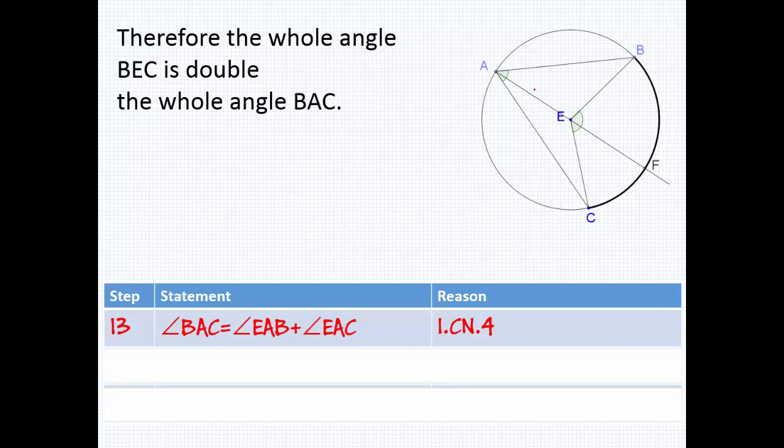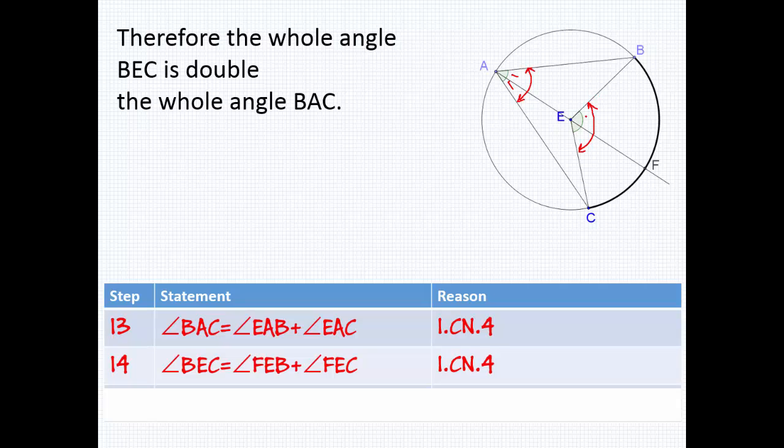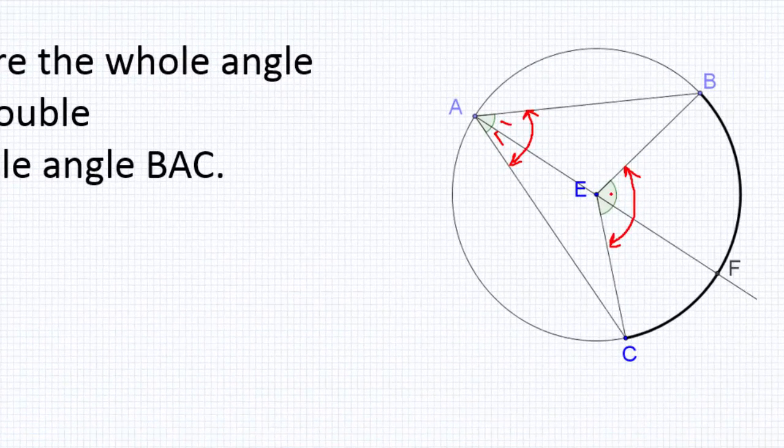So we could mention explicitly that BAC, this angle here, is the sum of the two inside it, and then this angle out here, BEC, is the sum of the two angles inside it. And having shown that BEF is twice BAE, and having shown that FEC is twice EAC, then we can conclude that the whole angle BEC is twice or double the whole angle BAC.